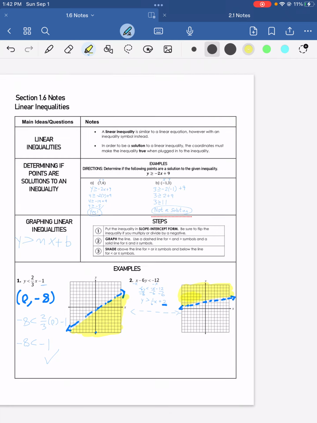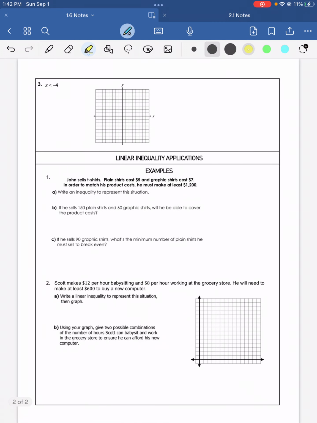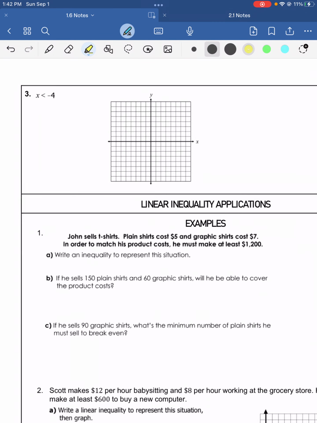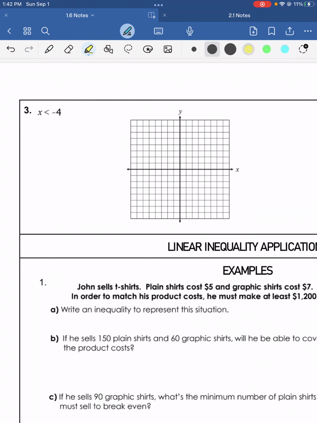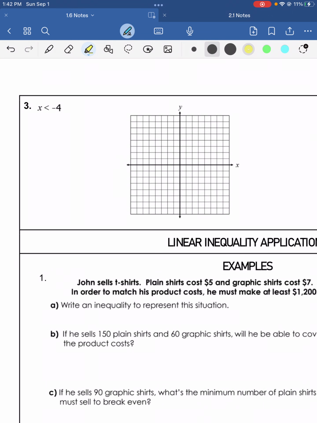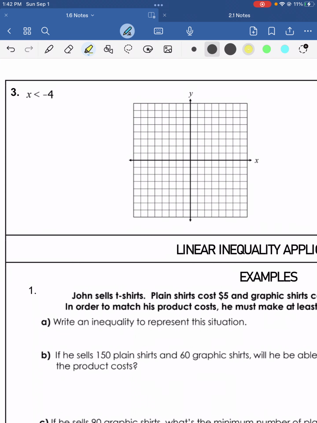So now moving on to the back of the notes. Let's look at number 3. So we have x is less than -4. So let's rewrite this as just x equals -4, just for now.